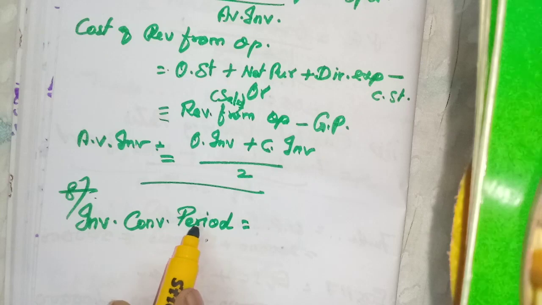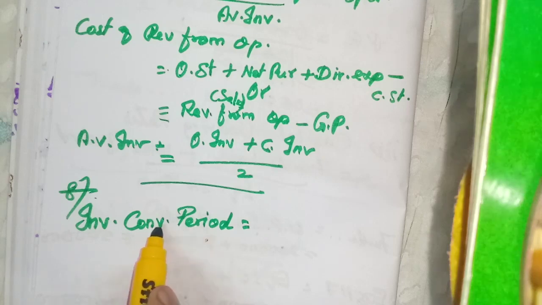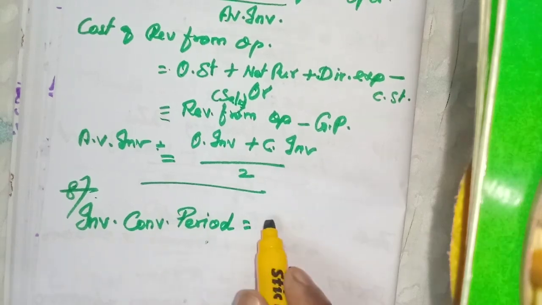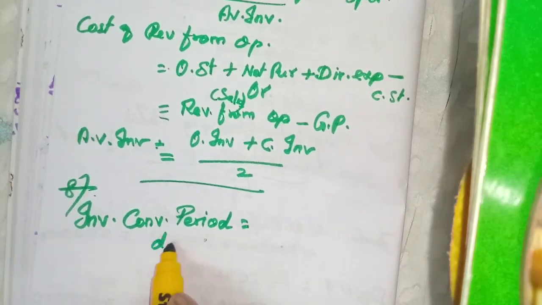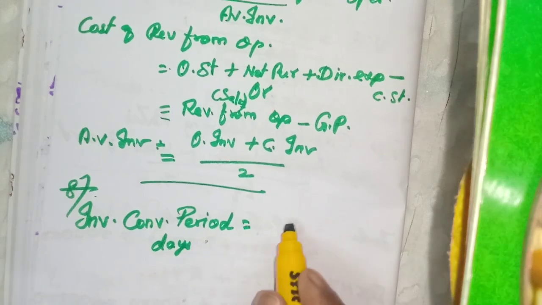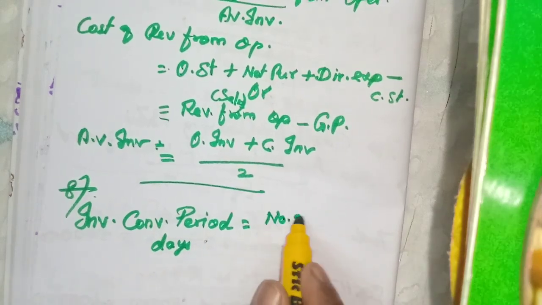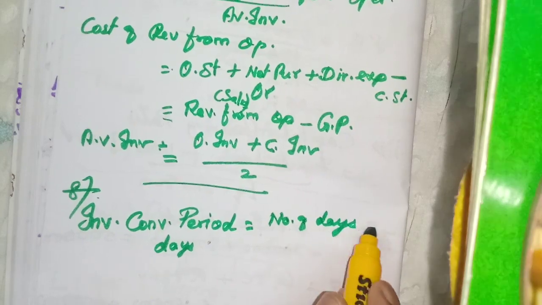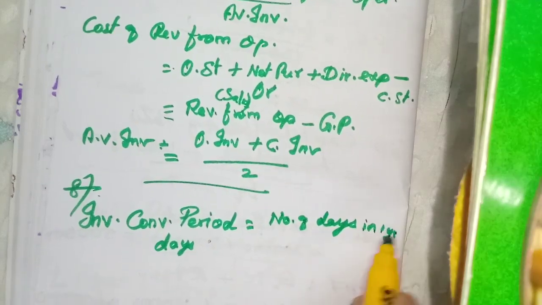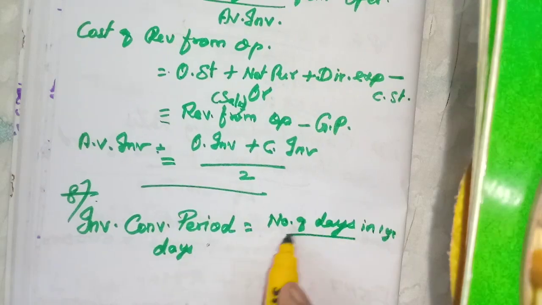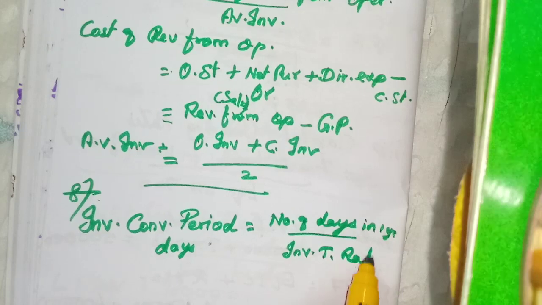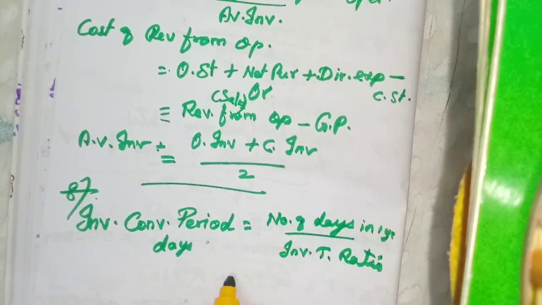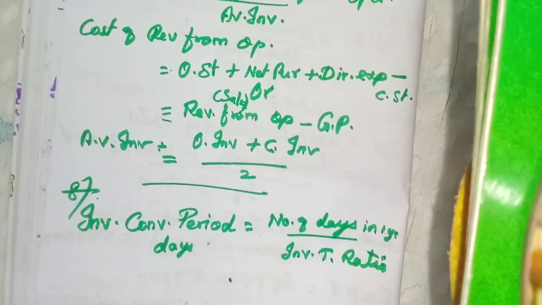Means within how many months or period we can convert the inventory into cash. This is calculated in days also, or in month. If it is in days, number of days in a year divided by this ratio, inventory turnover ratio.